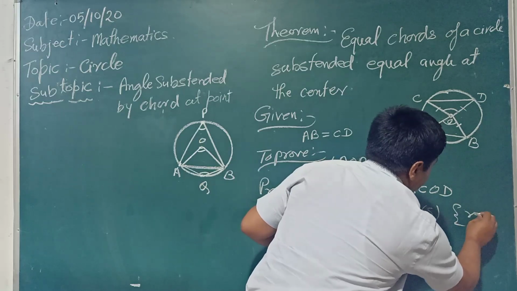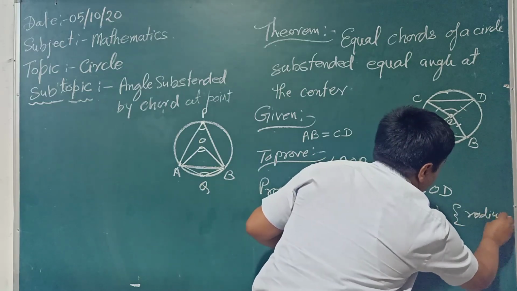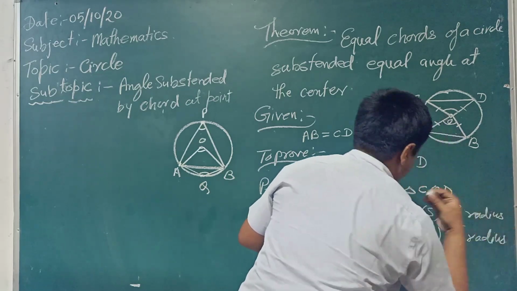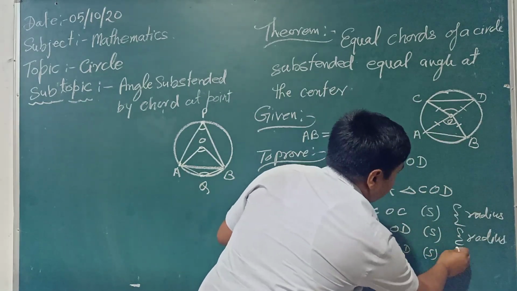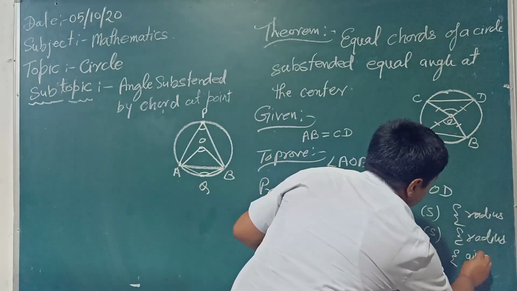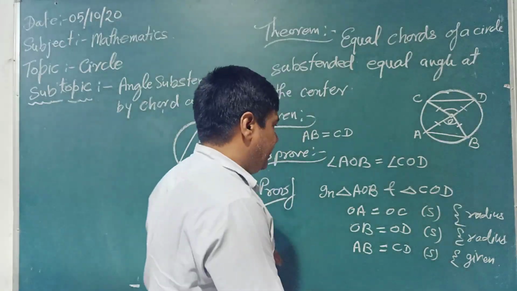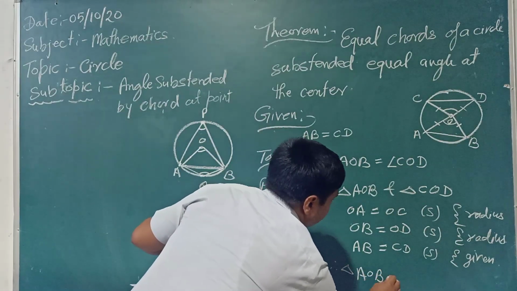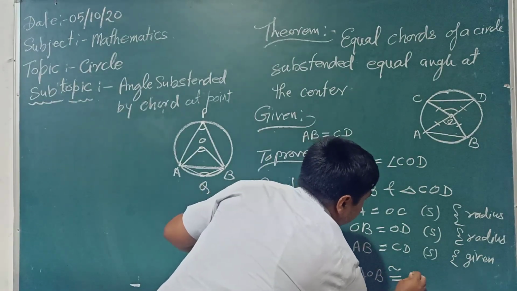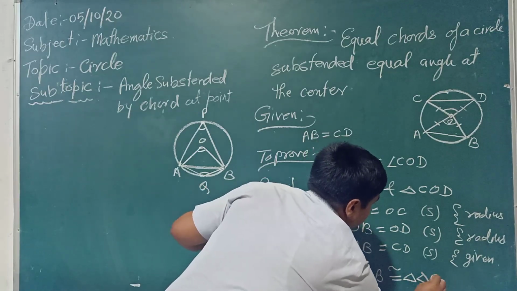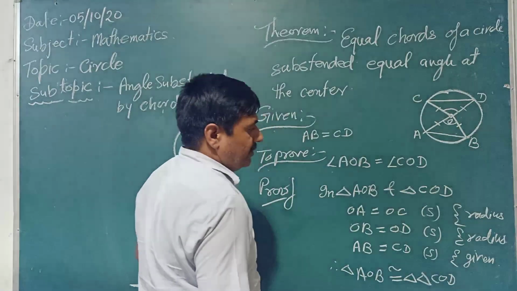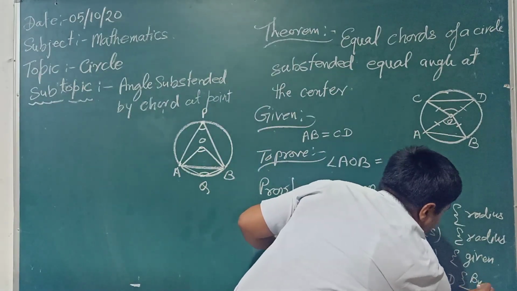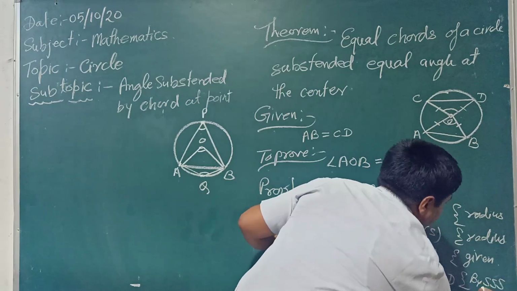Because it is a radius of the circle. This is a radius of the circle, and this is a side, and it is given, that is a chord, and it is given. Therefore triangle AOB is congruent to triangle COD. Why is it congruent? Because by SSS criteria.